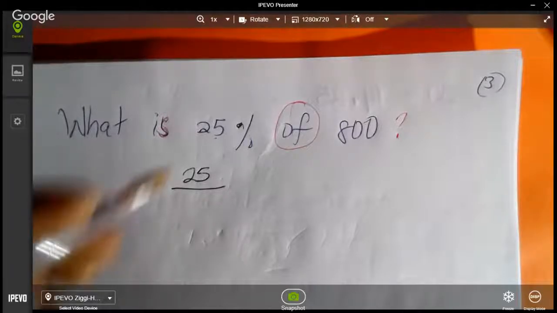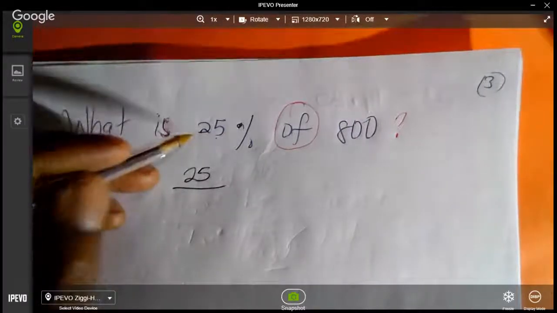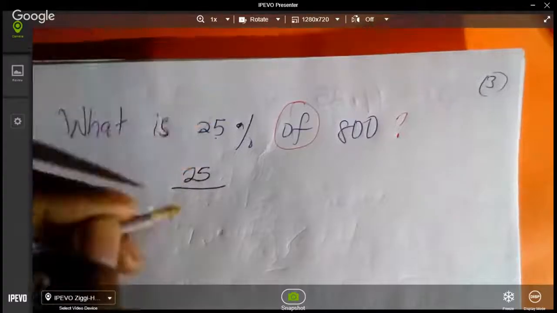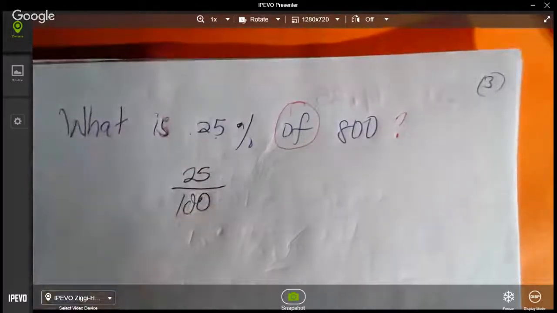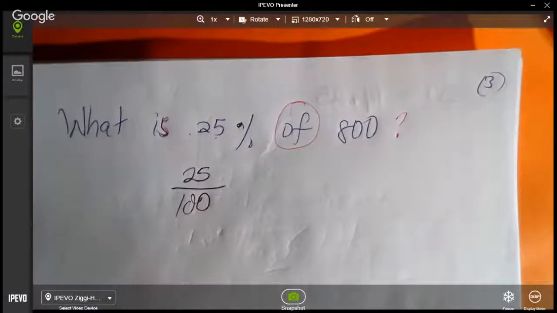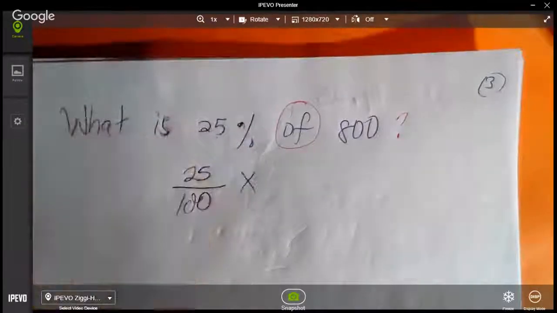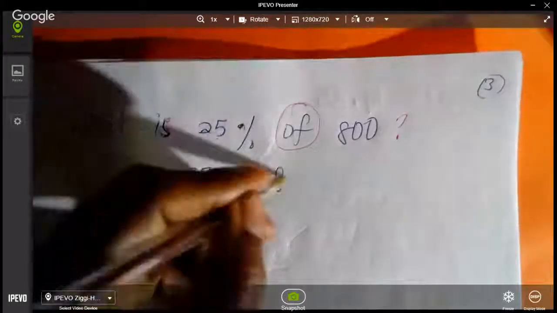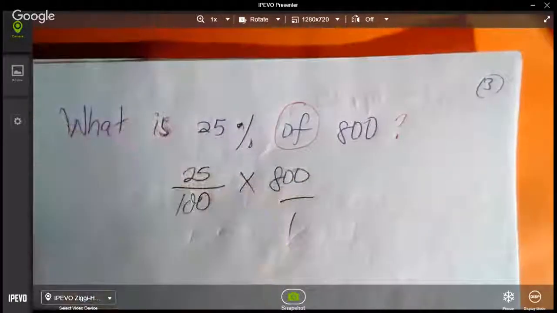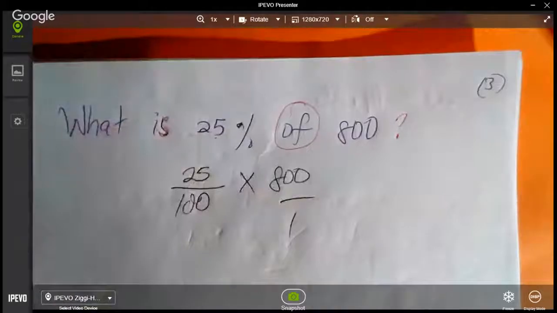25% as a common fraction, not in lowest terms, would be 25 over what? 100. Because remember, 25% means 25 parts out of 100. Percent has to do with 100. So we're going to say multiply by what? 800 over 1. What do we do now?